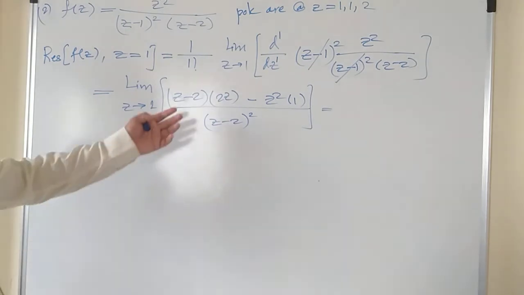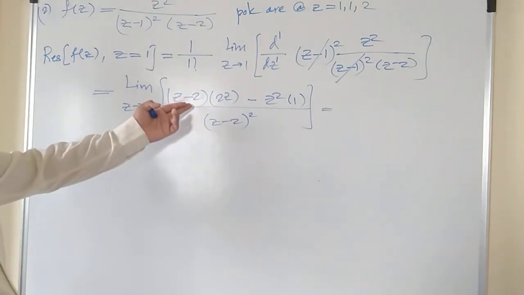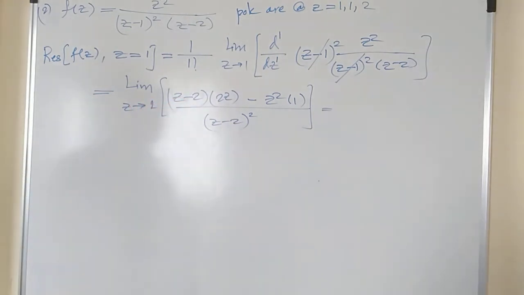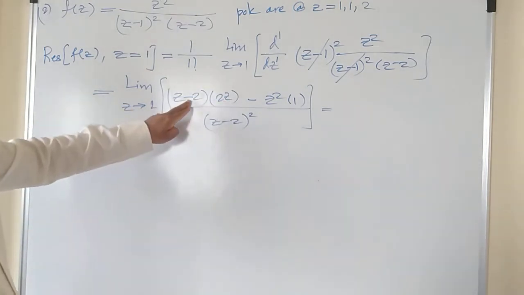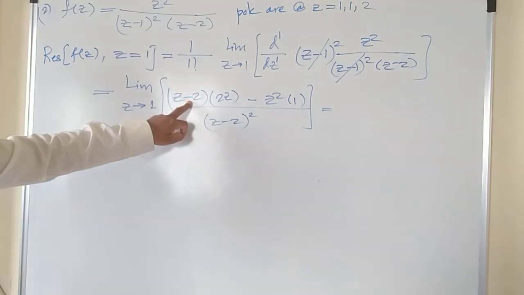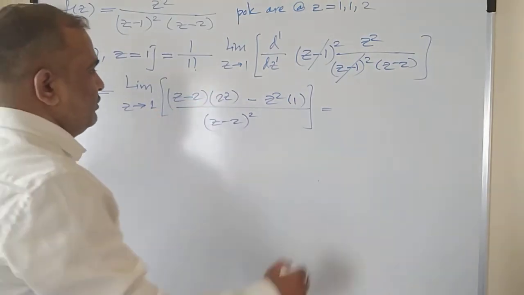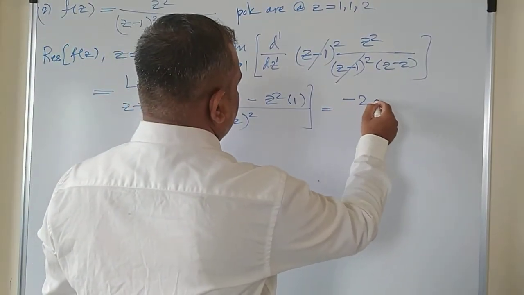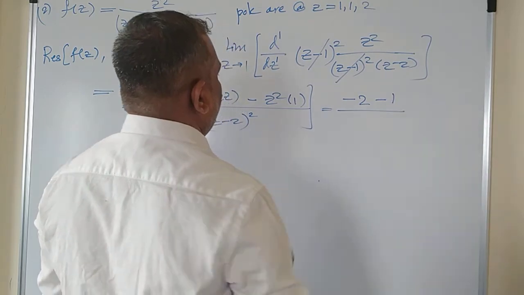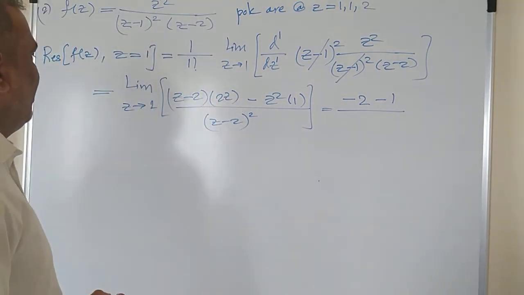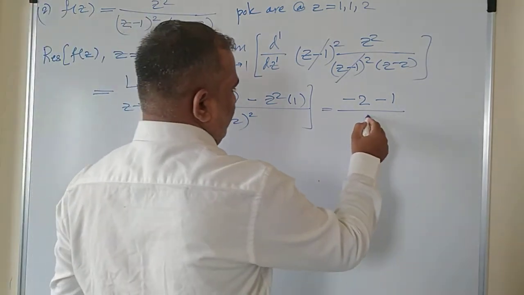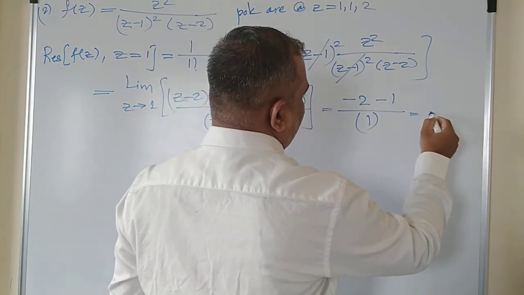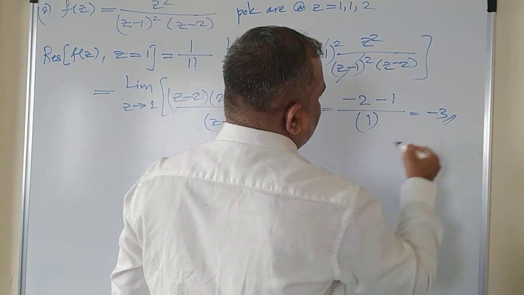So there is no need to simplify this, just put the value of z equals 1 here, and here you have 2z, so 1 minus 2 is minus 1, minus 1 into 2 is minus 2, minus 2 minus 1, right, upon 1 minus 2 is minus 1, minus 1 square is plus 1, so this will give me minus 2 minus 1 is minus 3.